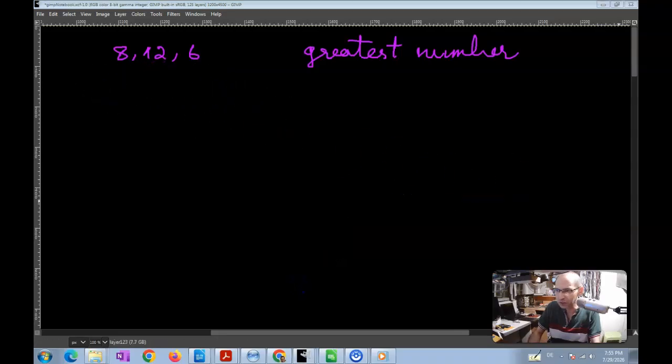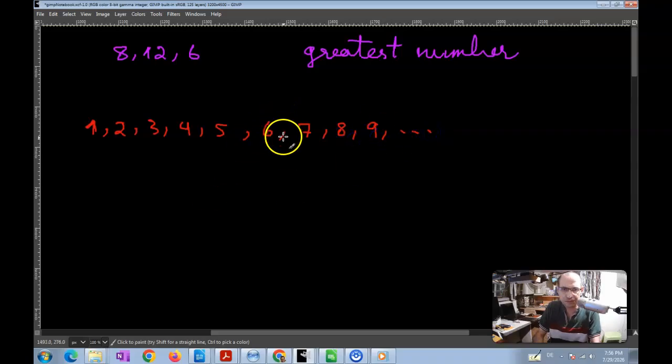So you know that the numbers, the way that we have talked about them up to now, we have the number 1, we have the number 2, 3, 4, 5, 6, 7, 8, 9, and so on and so forth, right? And of course, you know that 1 represents 1 beat, 2 represents 2 beats, 3 represents 3 beats, 4 represents 4 beats, 5 represents 5 beats, and so on and so forth.